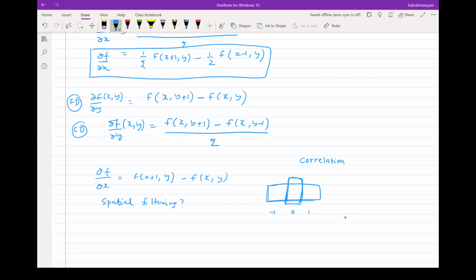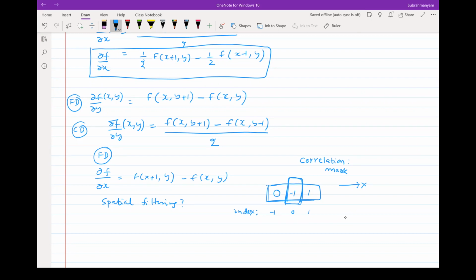I want a correlation mask here, and I'm going to directly perform correlation with it. Now you tell me what is the mask. It is 0, minus 1, 1. That's all.